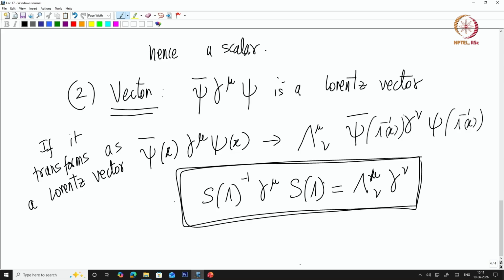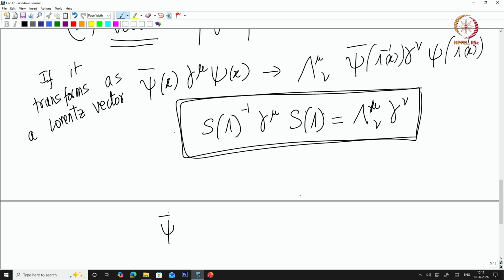Now you can see why this condition comes, and you can derive it. So you have psi bar prime x prime gamma mu psi of x prime, and psi bar is equivalent to psi dagger.